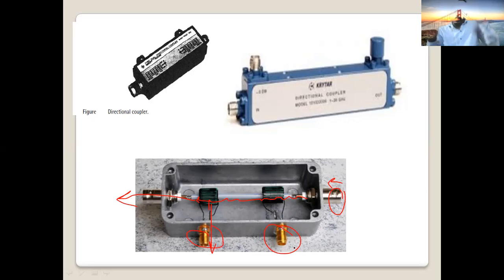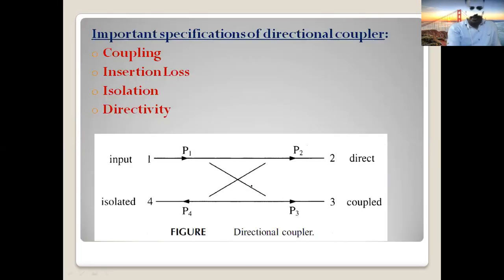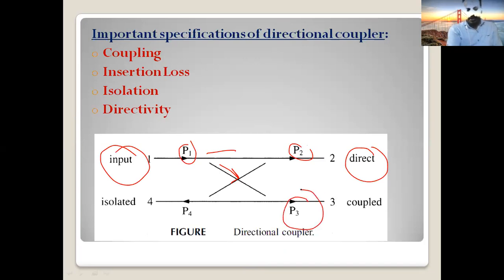That's why we have 2 ports. So always keep in mind, when you see a directional coupler, it is a 4-port device. One port is the input with power P1. Another port is the direct port with power P2, but the signal is divided into 2. So we have the coupled port P3.